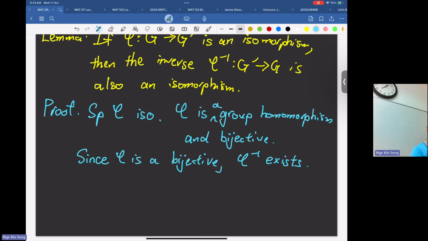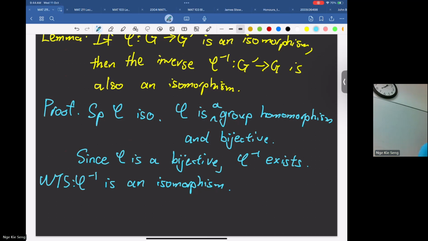To show that phi inverse is an isomorphism, you need to show two things: phi inverse is a group homomorphism, and phi inverse is bijective. So is phi inverse bijective or not? Why? Phi is the inverse of phi inverse, so it's bijective. Is it a group homomorphism? You need to check.